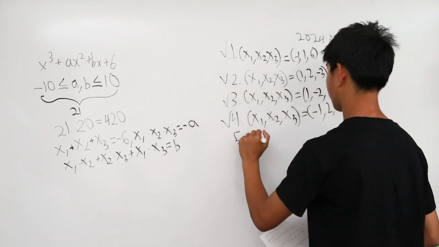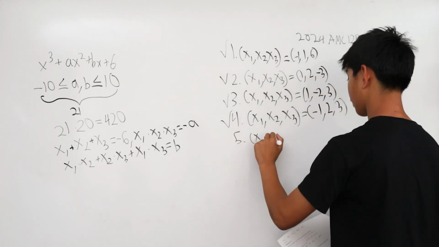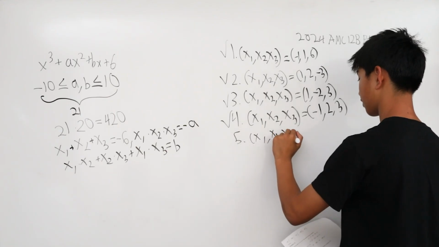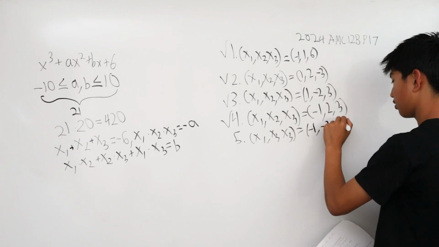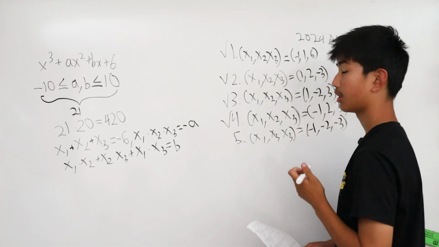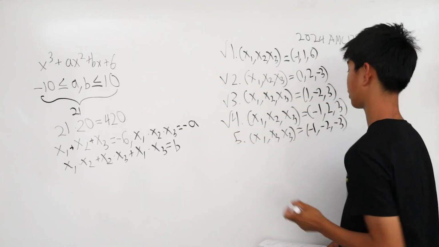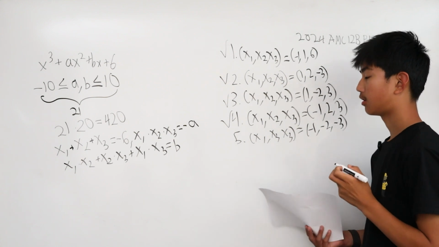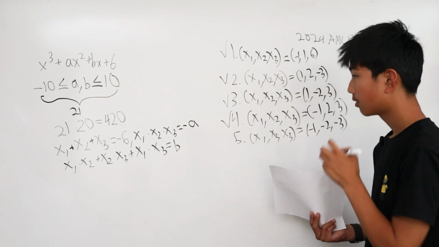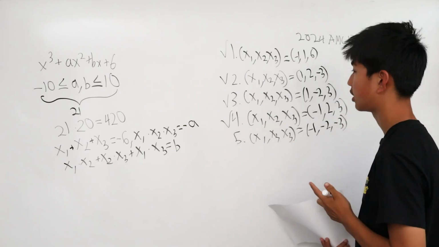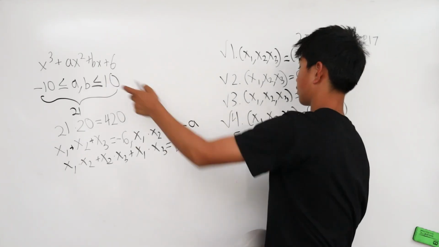On case number 5, x1, x2, and x3 are all negative. So b here, if you solve for it using this formula, would not be in our desired range, because we'd want them in this sort of range.